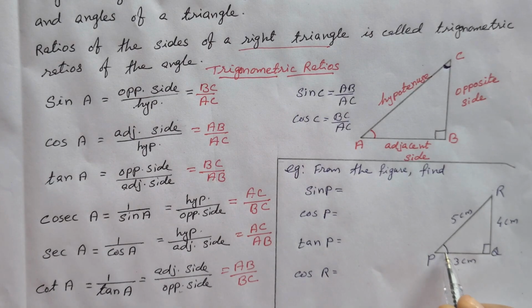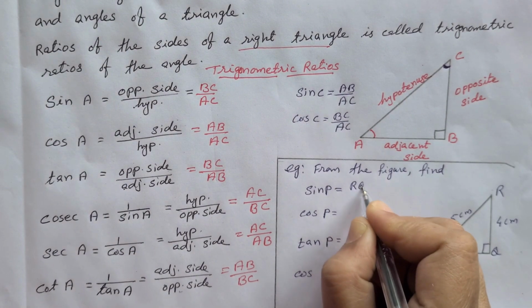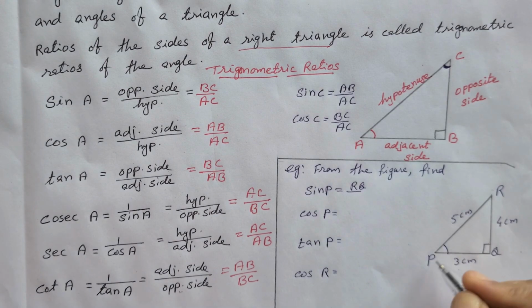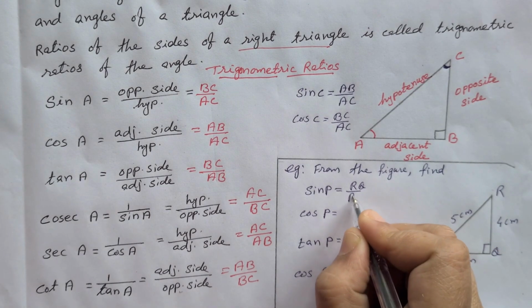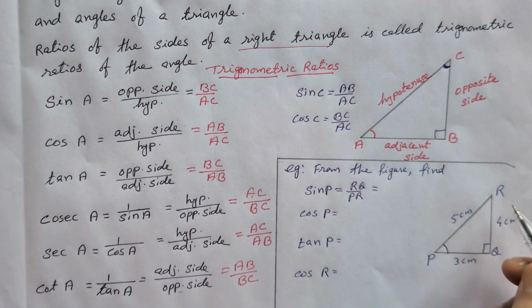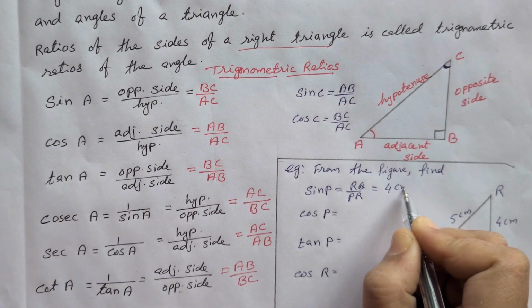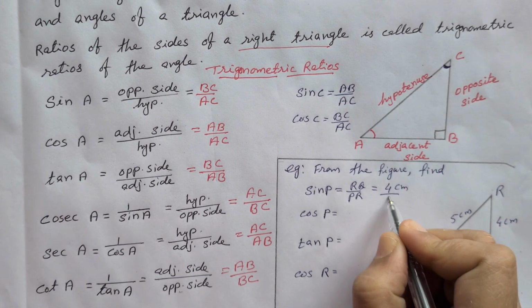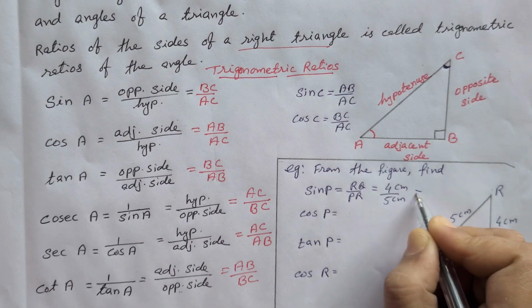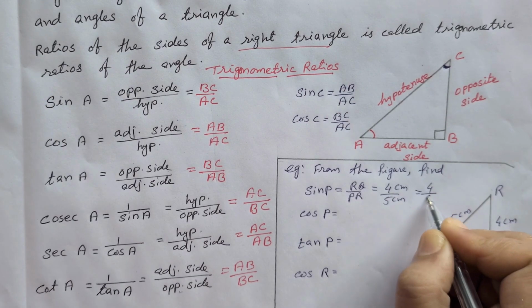Based on angle P, the opposite side is RQ, so RQ by hypotenuse PR, which is 4 centimeter by 5 centimeter. When we write the ratio, just 4 by 5.